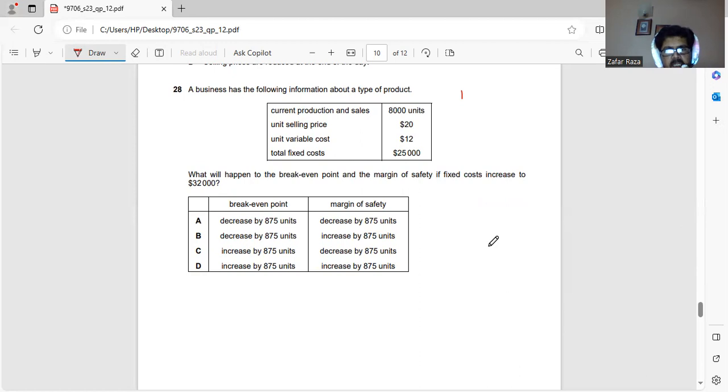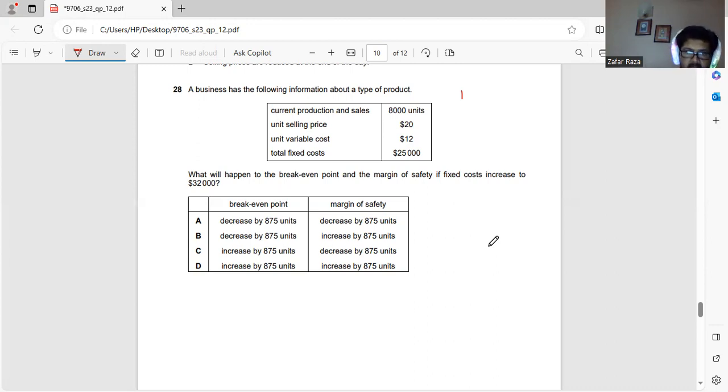What will happen to break even point and the margin of safety if fixed cost increases to 32,000? See, $20 selling price minus variable cost 12, contribution is 8. If we divide 25,000 fixed cost by 8 contribution, 3,125 is our break even. Currently break even is 3,125 units.